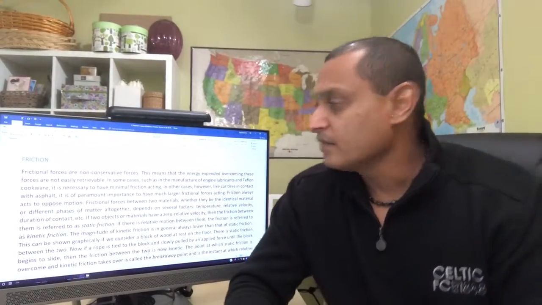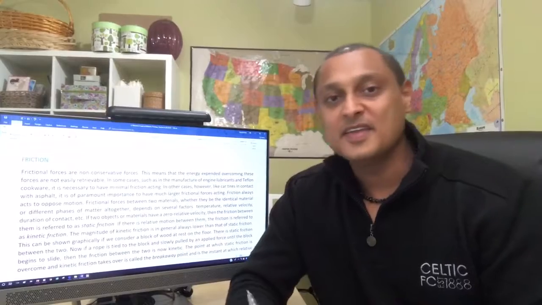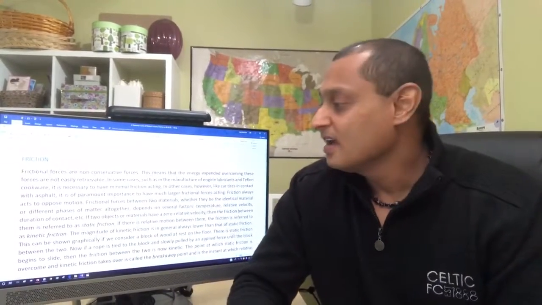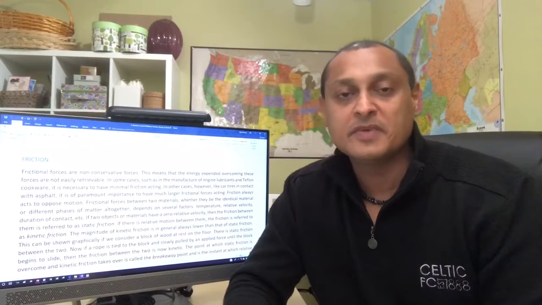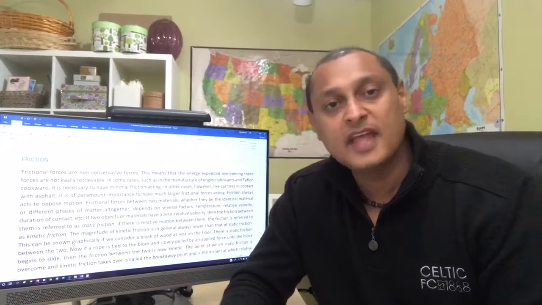They are linked by certain parameters, but they are independent of each other. We talk about friction and the origins of friction. In some cases, friction is absolutely necessary, for example, the friction between the tires of a car and a roadway. Friction is necessary to keep the car on the road. But in other things, you want to minimize friction, for example, the working parts of an engine of a car.